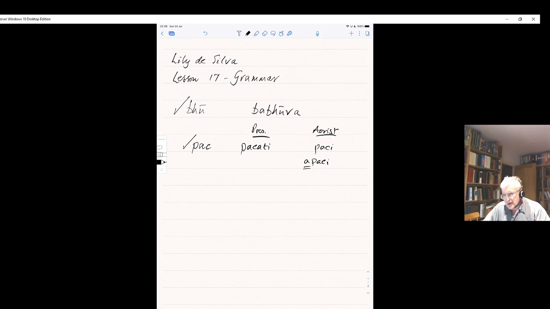Sometimes you find that in the earlier scriptures, the Nikayas, which are closer to what the Buddha actually said, it tends more often to have the augment. In the later literature, the augment is very often dropped. It doesn't specially matter for the purposes of reading Pali, because it's the ending of the verb that gives it away as an aorist.